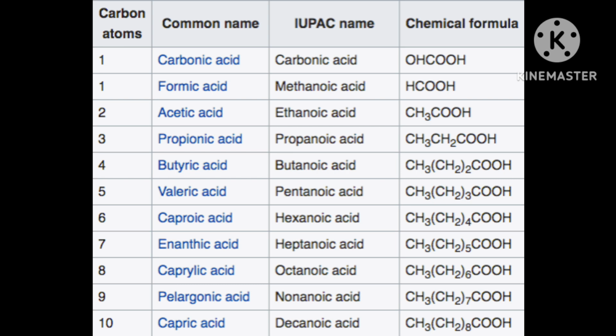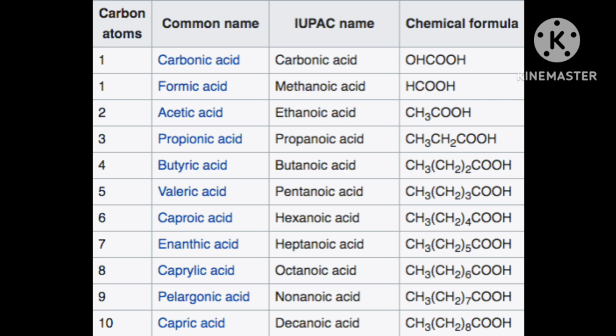Now another example. In the middle only one CH2 group was there. Now consider in the middle two CH2 groups are there, CH2 whole 2, and on both sides COOH is attached, means 2 carboxylic groups. Now total 4 carbons are there. Then the common name is succinic acid, a very important acid.